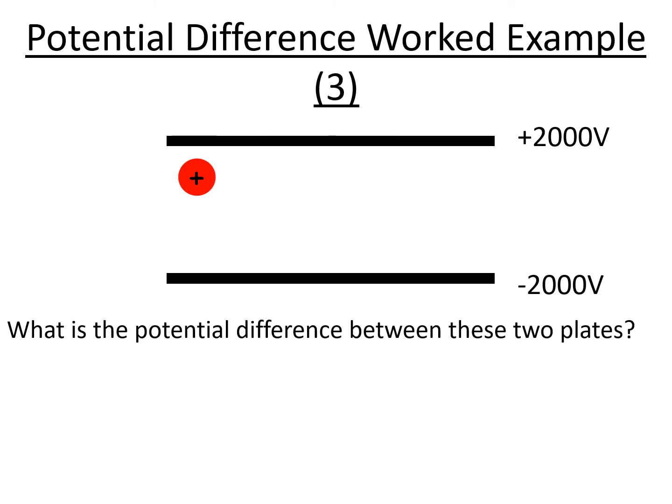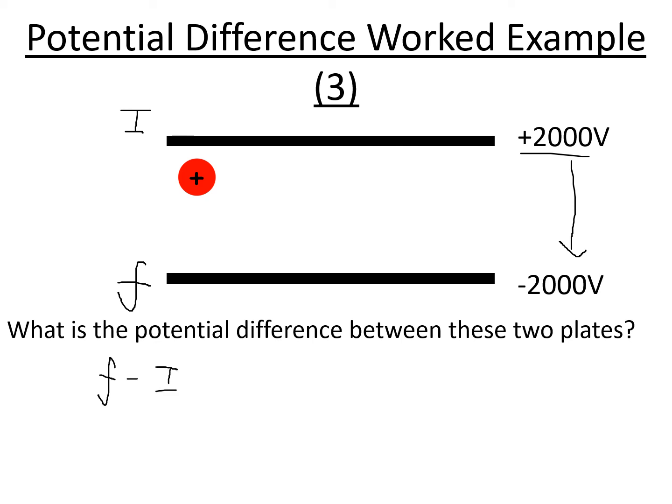So final example, I think, what happens if you've got plus 2000 and minus 2000? Well, remember, this is the initial one. And this is the final one, because the charge will always move from a high potential to a low potential. So again, using the same rules as before, potential difference is the final minus initial.